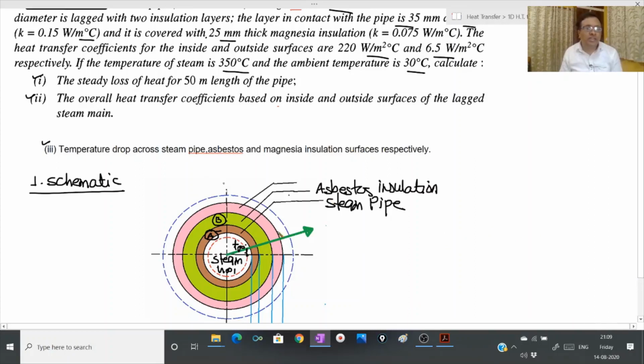And finally, this asbestos insulation is covered by further magnesia insulation represented by material C. So this forms a composite cylinder, and outside it is exposed to the ambient air.